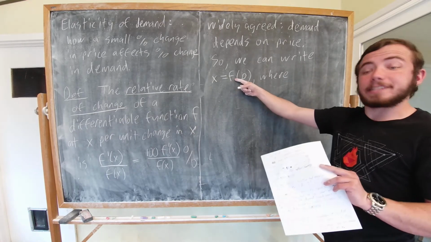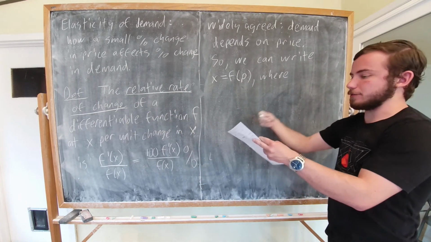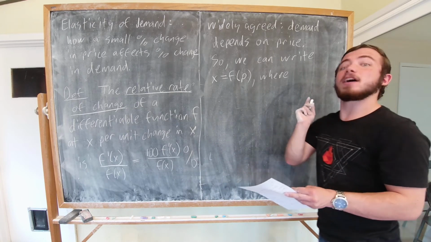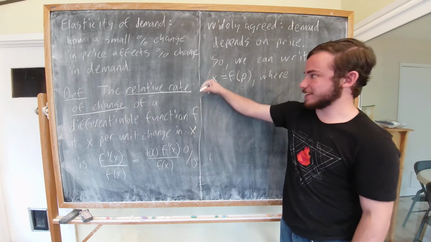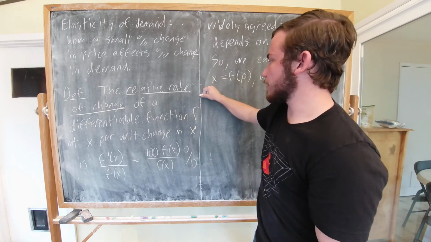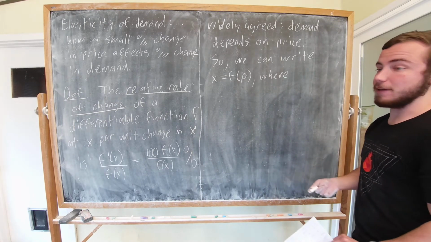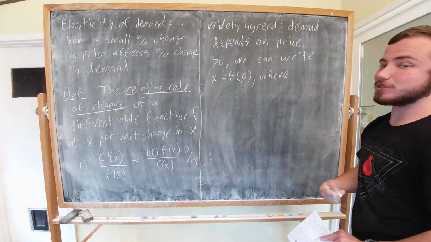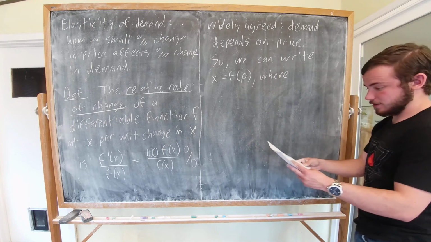This is a different function f. We don't know either of them. We're using the same letter for both. Yes, that's bad notation, but it's also what your book uses, and I would rather not go against the book because that's going to confuse more people than me fixing the issue. If you want to put a little g, so it was x equals g of p or something like that, I would recommend it.